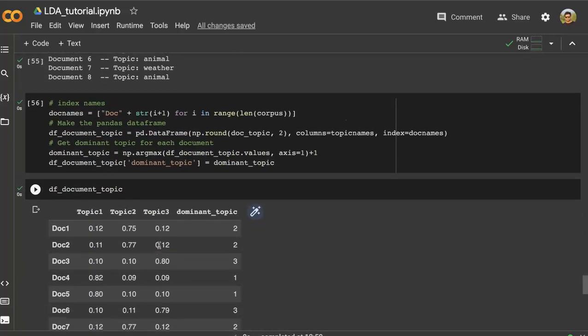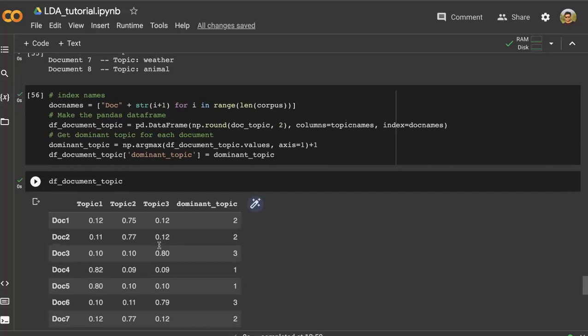But in real life it is possible that there are documents which can be from multiple topics. The example that I have given earlier: if you see an article from the IPL opening ceremony, it can be from the sports class, or it can be from the entertainment topic also.